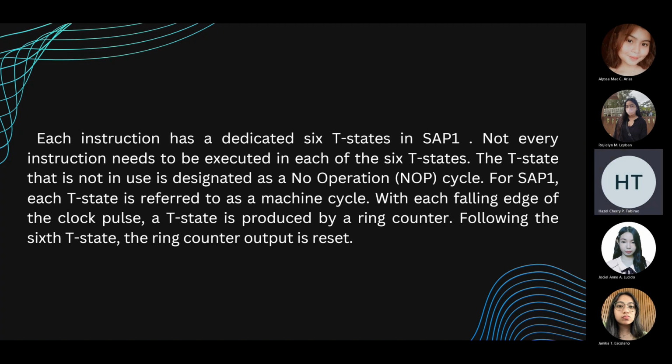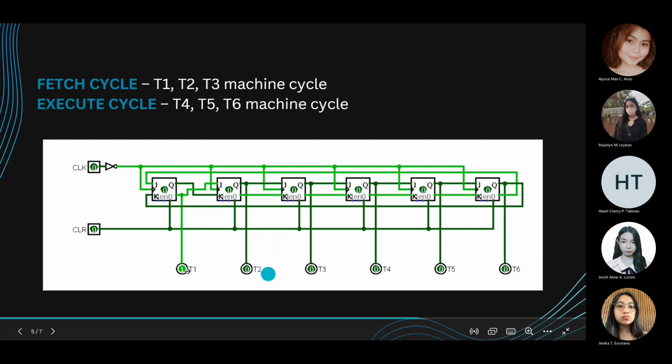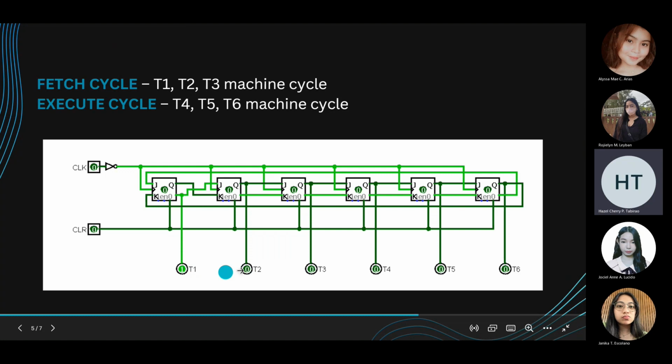A T-state is produced by a ring counter. Following the 6th T-state, the ring counter output is reset. The fetch cycle is T1, T2, and T3 machine cycles, and the execute cycle is the T4, T5, and T6 machine cycles.